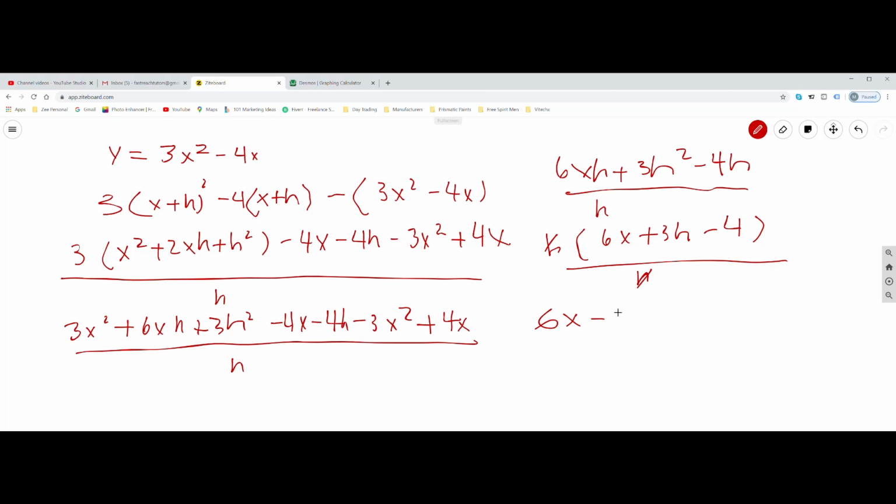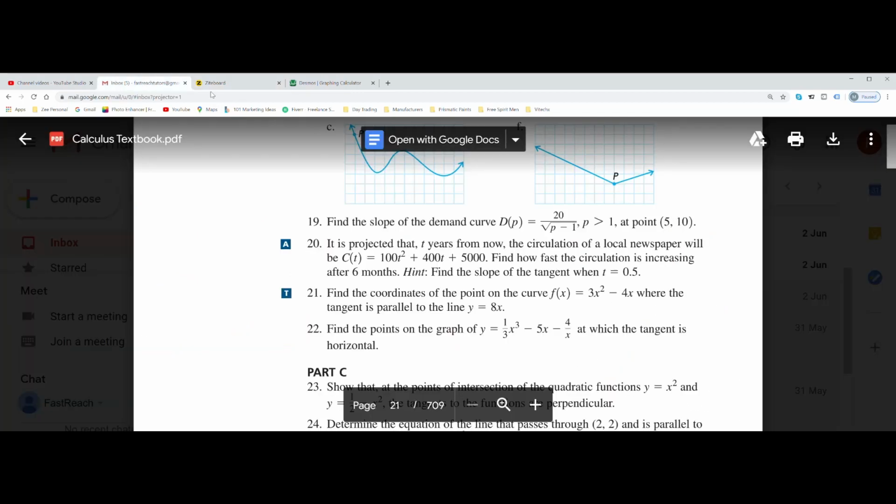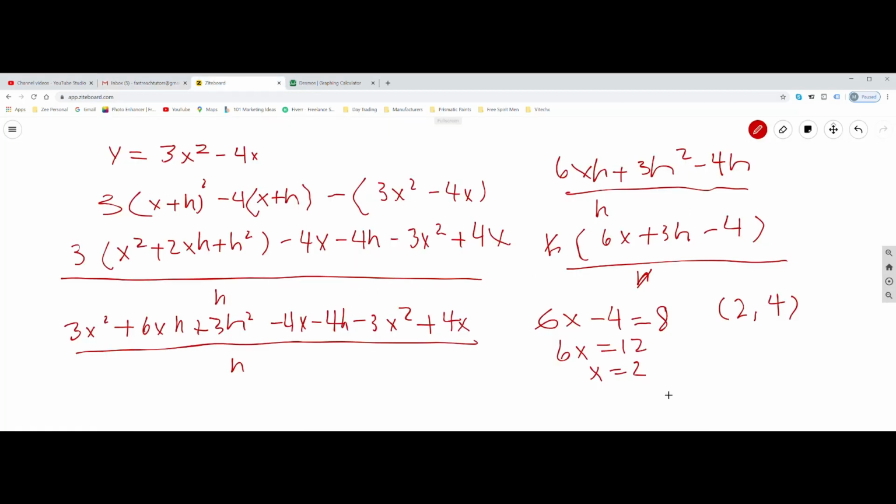So 6x minus 4 equals 8. 6x equals 12. x equals 2. So when you put it back in this equation, 3 times 4 is 12, 12 minus 8 is 4. So the point is (2, 4). We don't need the equation, I think they didn't ask. Find the coordinates. It's (2, 4).